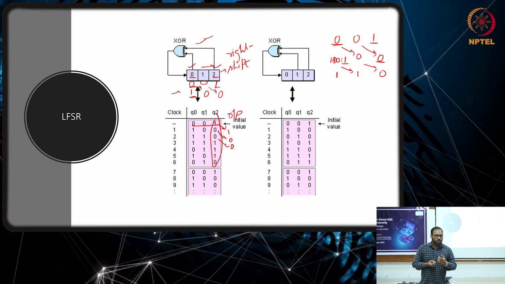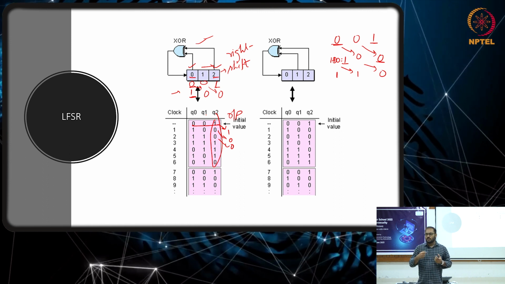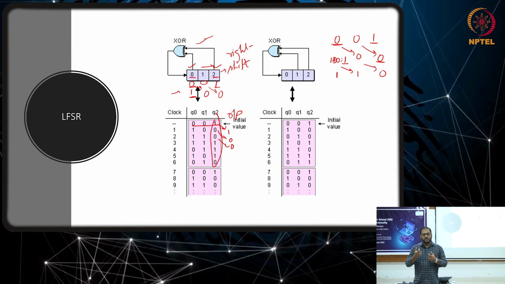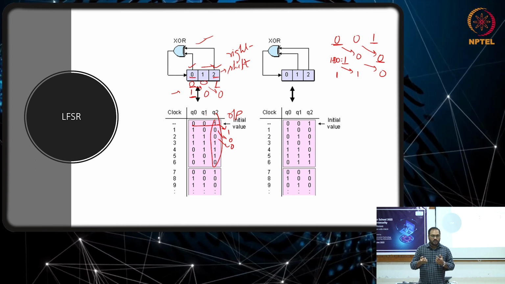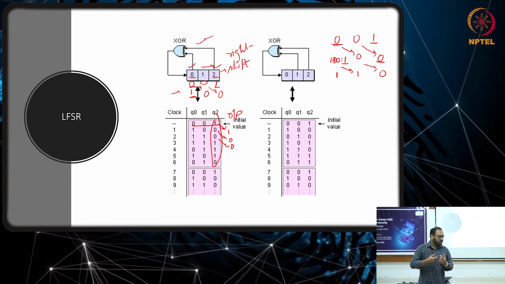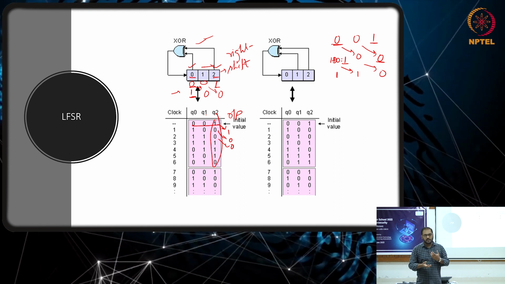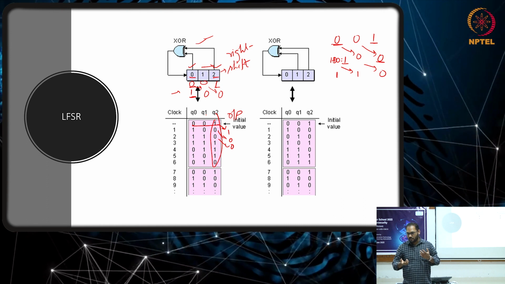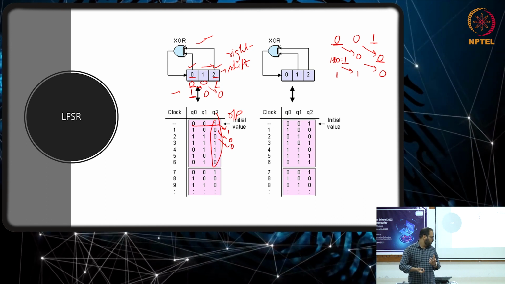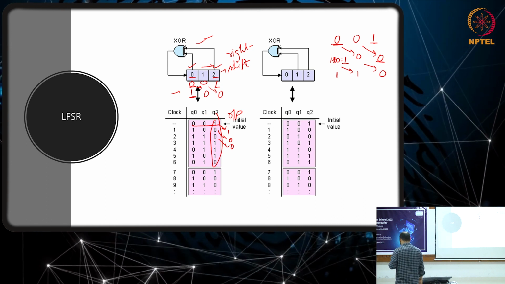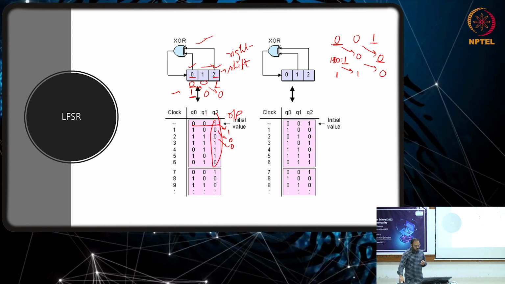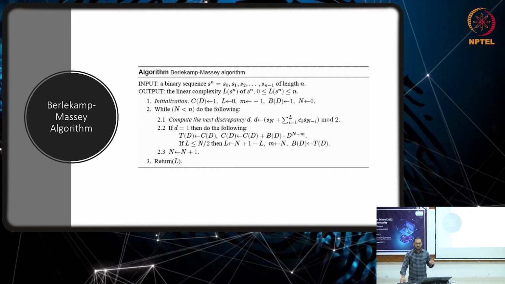Non-linearity means it should not be only the XOR operation, since XOR is a linear operation. There should be some other operation along with it. So to remove linearity, they started using some other operation like AND or something else. We can see another example of that, called the GP generator.